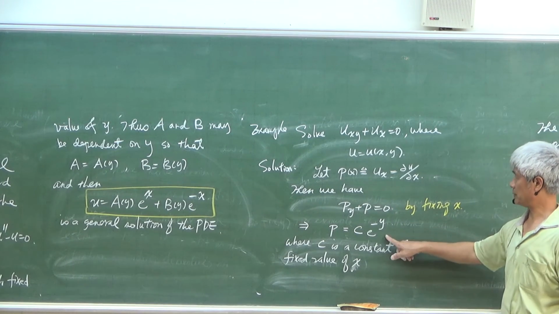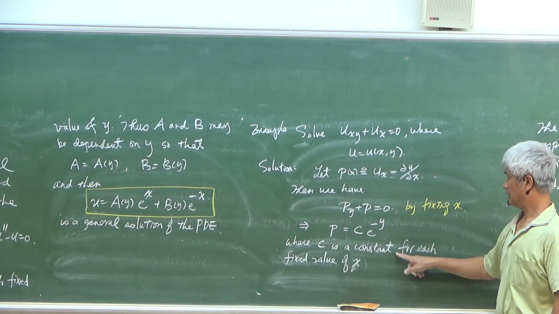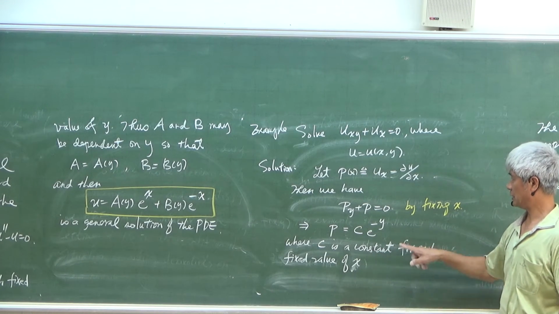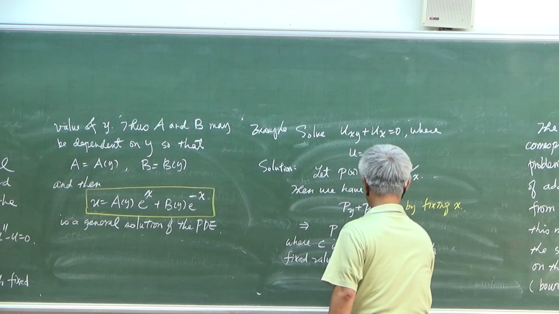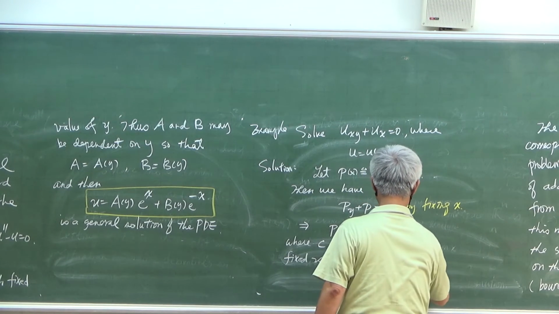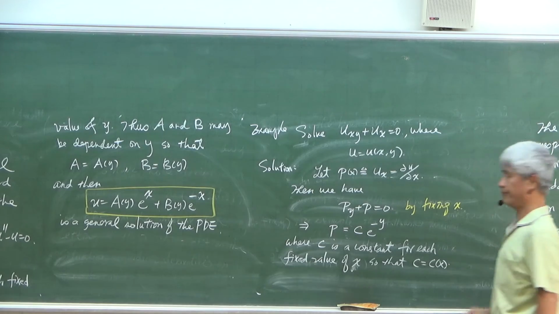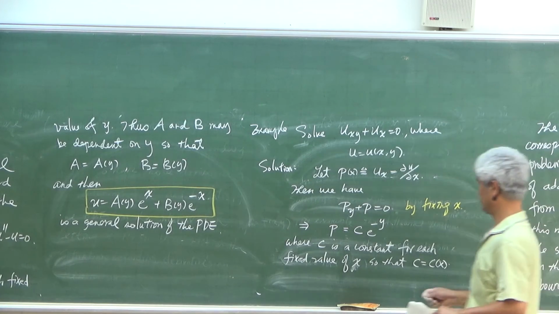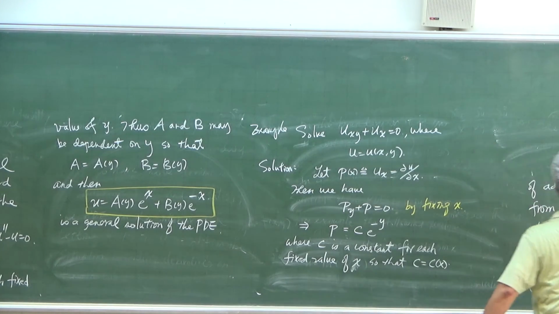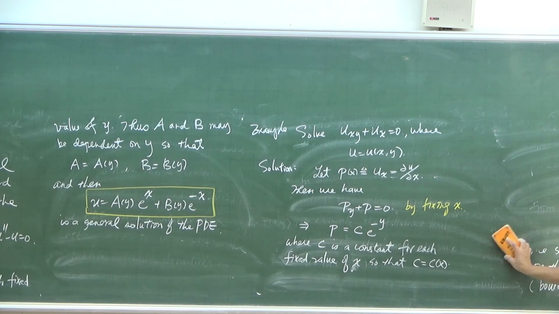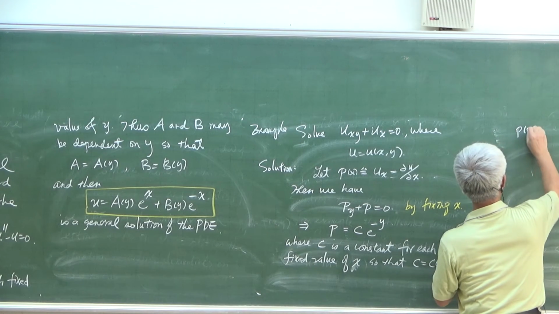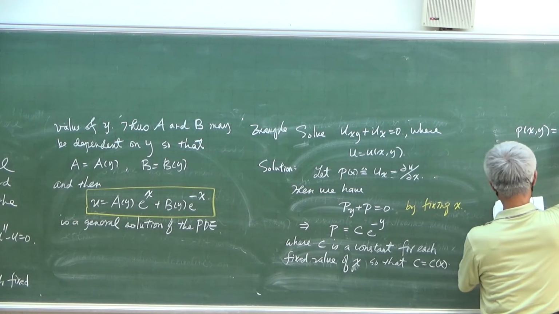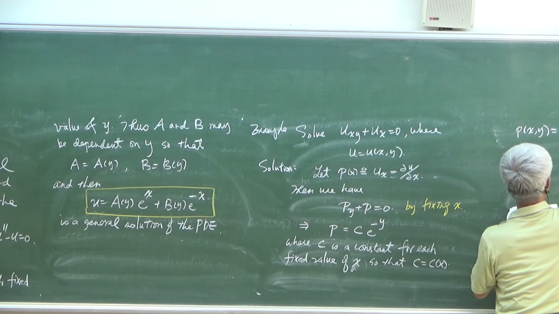So the constant c is constant for each fixed value of x, so that c actually is c(x). Now p(x, y) is equal to c(x) e^(-y).